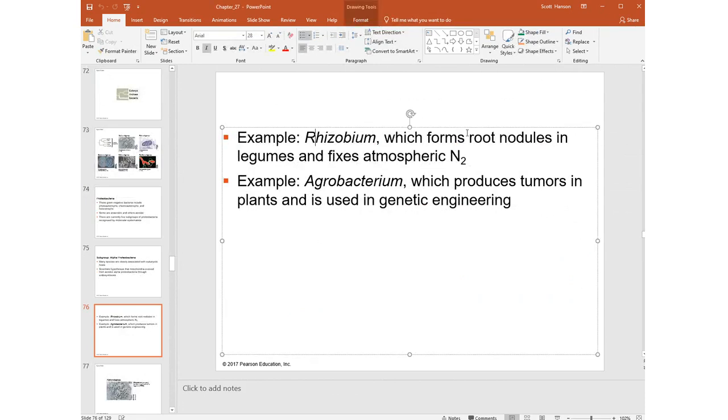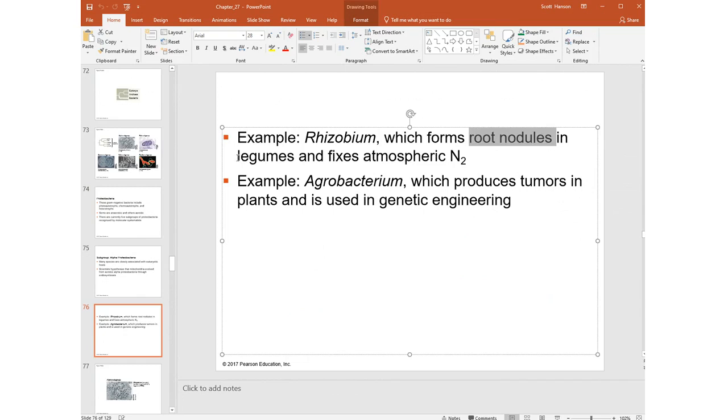It forms root nodules in legumes, and it fixes atmospheric nitrogen. Legumes are basically the group of plants that includes all pea plants and all beans. So peas and beans have root nodules with rhizobium in them that are able to fix atmospheric nitrogen.